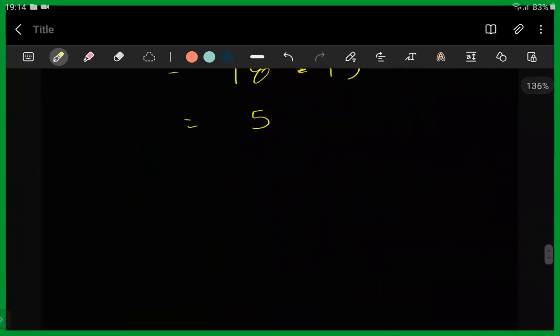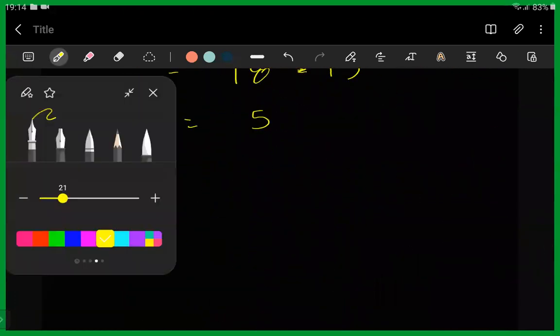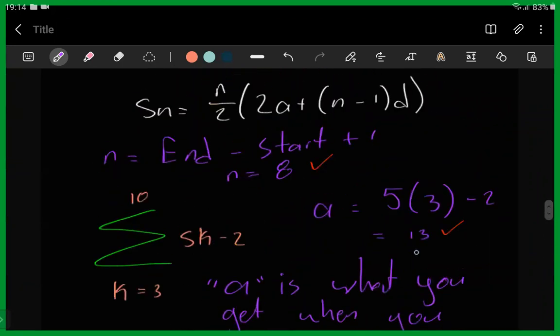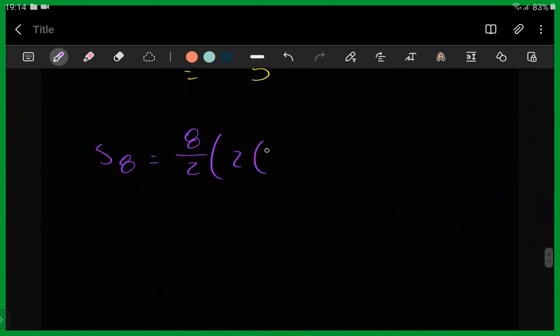In your SN formula, you can now just say S8 is equal to 8 over 2. A, we discovered it to be 13. And then N is 8. D is 5. The value of D, always use your brackets. Otherwise, your calculator will just go haywire and give you an error.